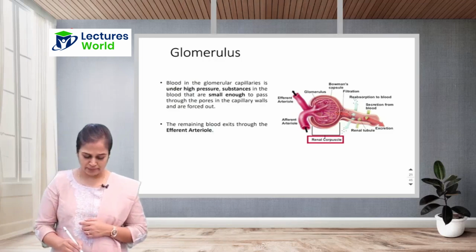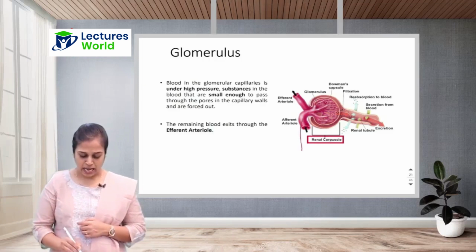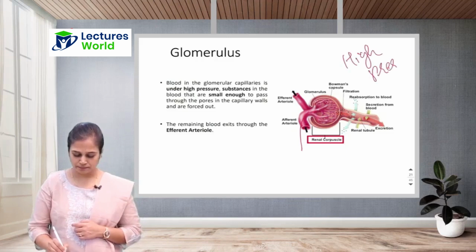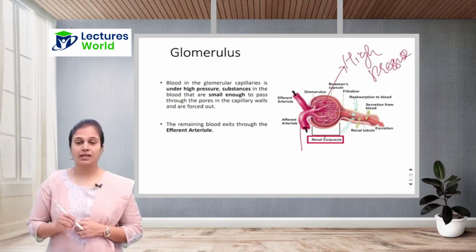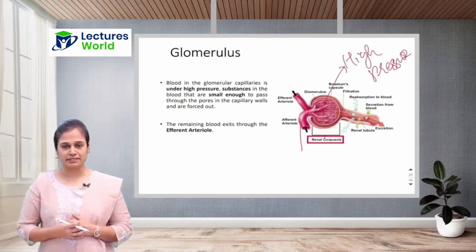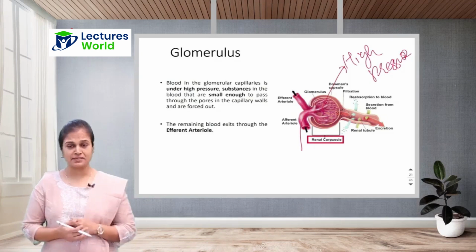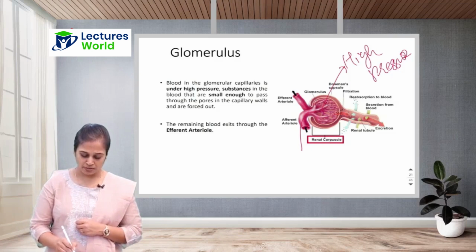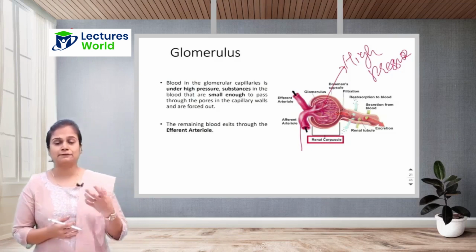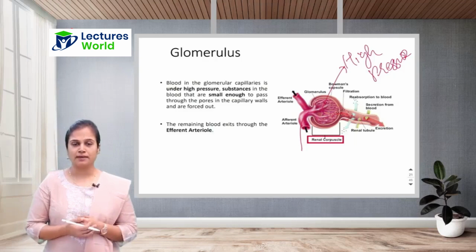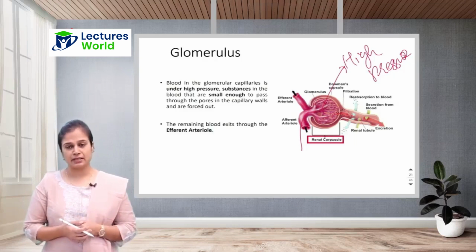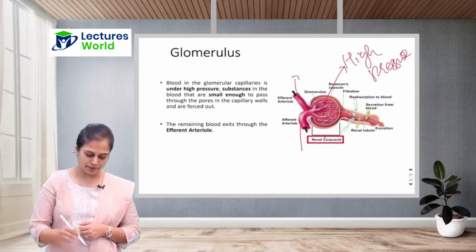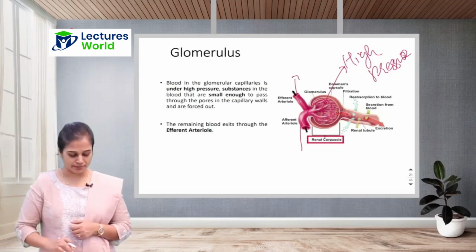You can see in the image, the blood enters from the afferent arterioles and there is high pressure in these capillaries, and the small substances pass from here to here and are forced out. The remaining blood exits through the efferent arterioles.